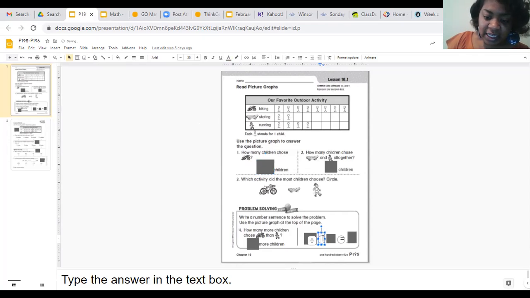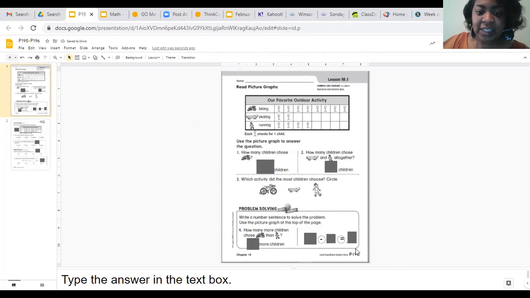Let me change this, because how many more means that we are going to subtract. So I have already set up your subtraction symbol and your equal sign, okay? That's already set up, already established for you. But you've got to do the subtraction. You've got to figure out what numbers you're going to subtract, okay?